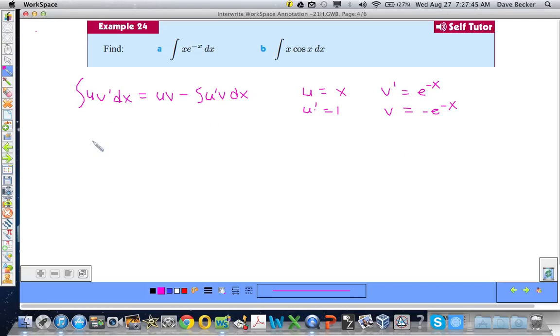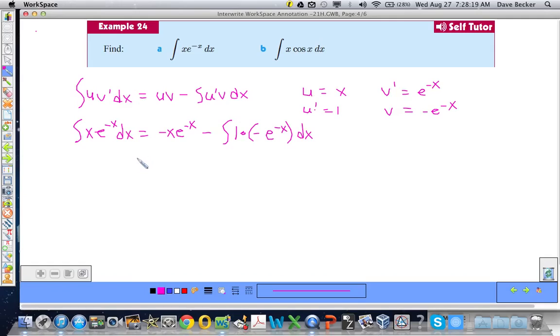Okay, so now let's use some substitution. The integral of x e to the negative x dx is equal to uv, so that's going to be x times negative e to the negative x, or negative x e to the negative x if I clean it up a little bit, minus the integral of u prime, which is 1, times v, so that would be negative e to the negative x dx.